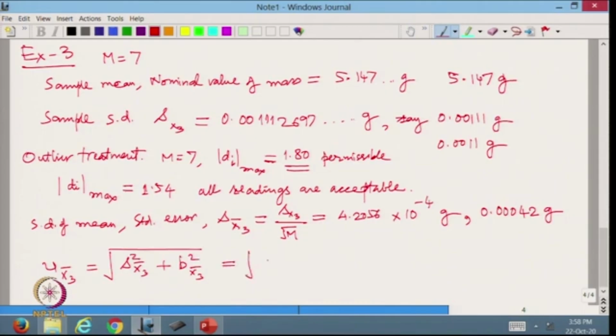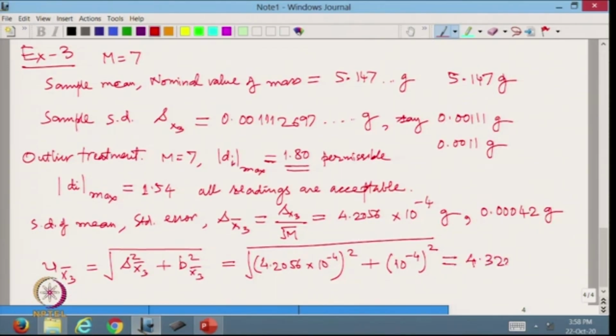This is square root of 4.2056 into 10 to the power minus 4 squared, plus b x3 bar is given to us as 10 to the power minus 4, this squared, and when you do this calculation we get the answer 4.3228 into 10 to the power minus 4 grams.